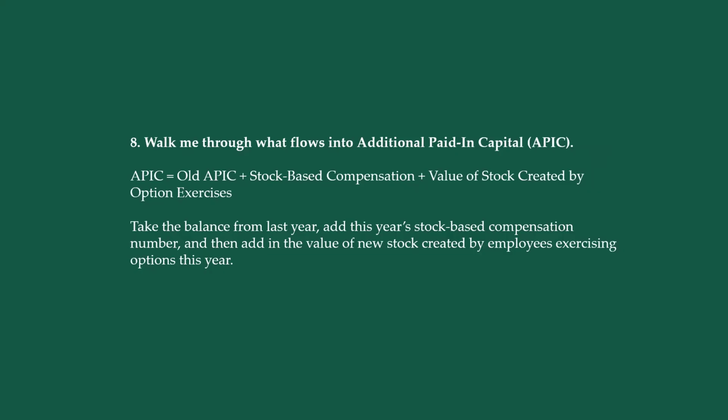So what is stock-based compensation, and what is stock created by an option exercise? Companies give their employees ESOPs, employee stock option plans, or give certain investors a call option to buy stock at a specific rate.